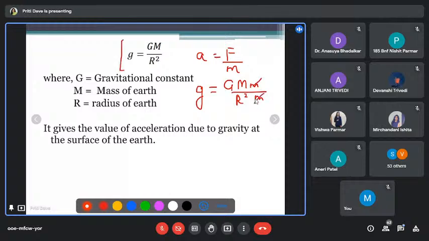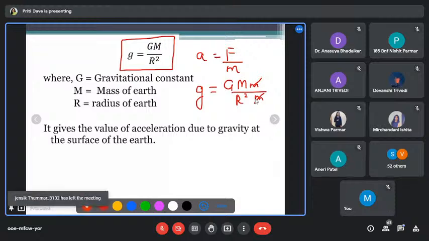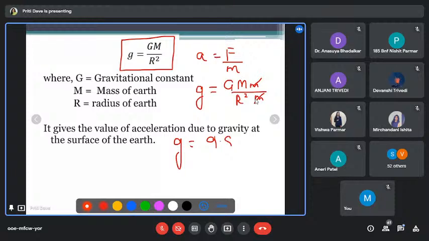So you get acceleration due to gravity as g = GM by r squared, where G is the gravitational constant, M is the mass of the Earth, and r is the radius of the Earth. And the value is found to be 9.8 meters per second squared, or 980 centimeters per second squared.